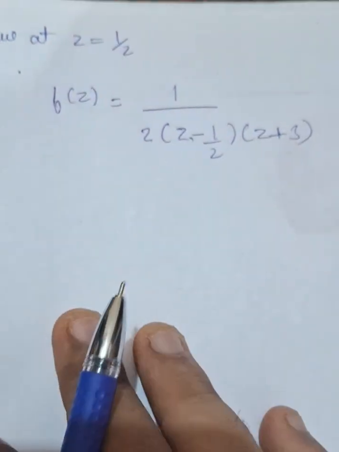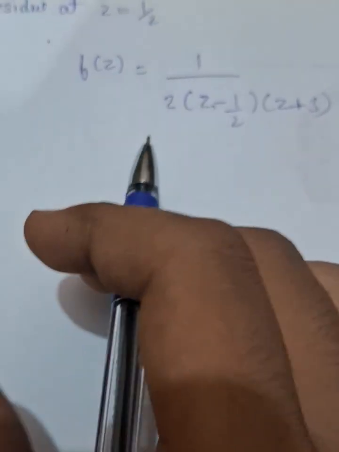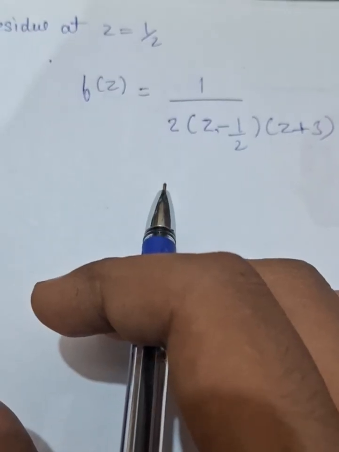Basically we try to apply the residue at the point 1 upon 2.